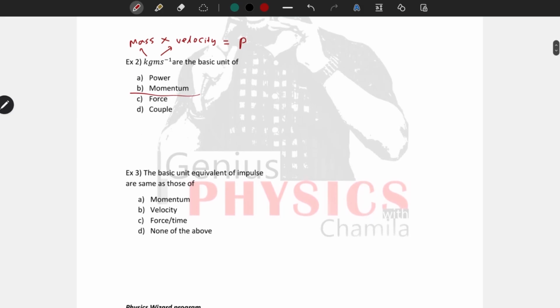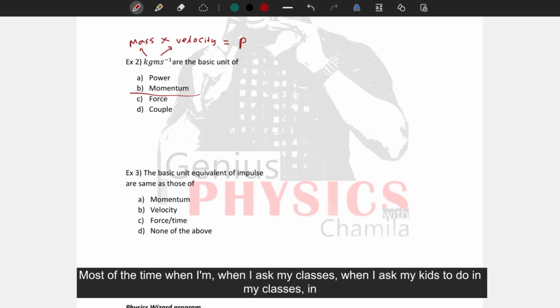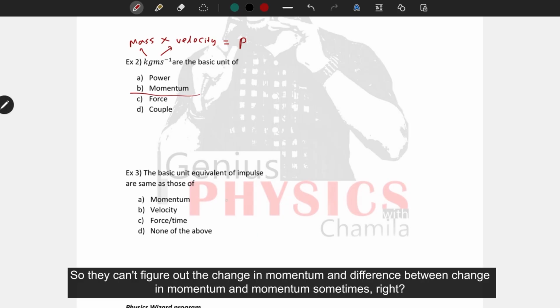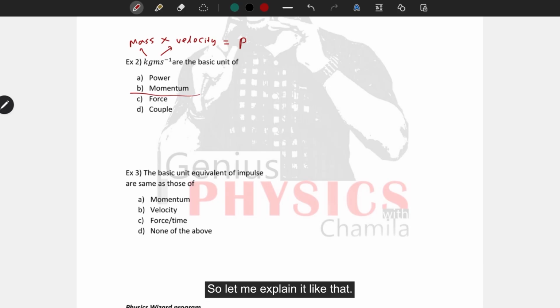That's clear. And this is very interesting. Most of the time when I ask my kids in my physics classes, I have seen how students struggle with this. They can't figure out the difference between change in momentum and momentum sometimes. So let me explain it like this. Imagine your mass was just 50 kilograms 10 years ago, and imagine your new mass is 80 kilograms.